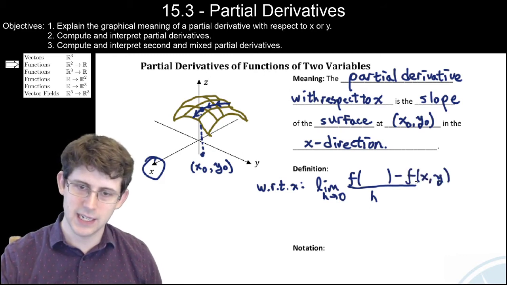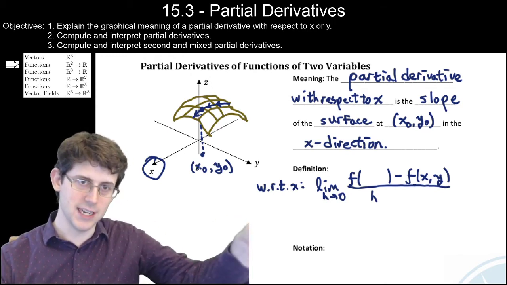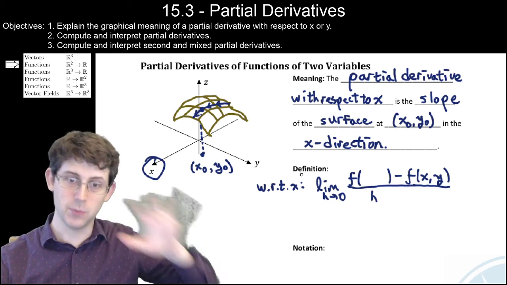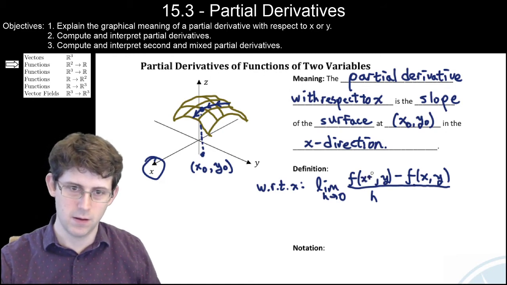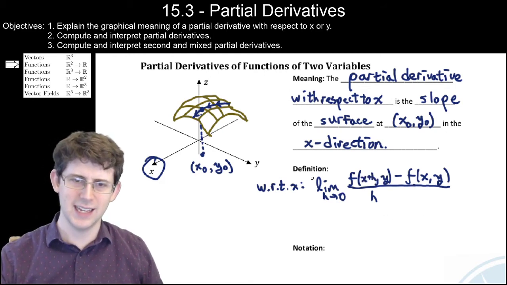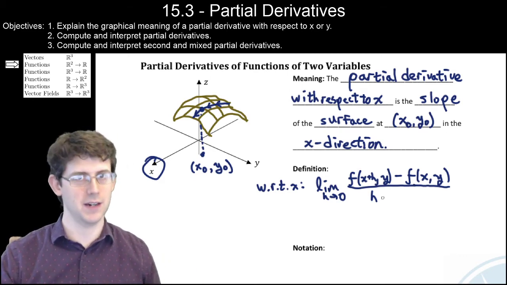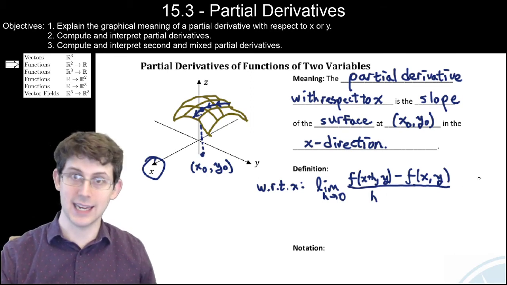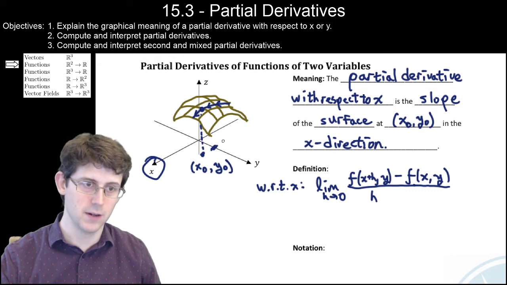And the answer is, for the x partial derivative, we want to let x change. We're changing our x coordinate, but we're going to keep y the same. You do the derivative, but x is the only variable we're allowing to change. Y is just going to stay constant. We'll always plug in the exact same y. On the picture I have here, that's this y value, y0.